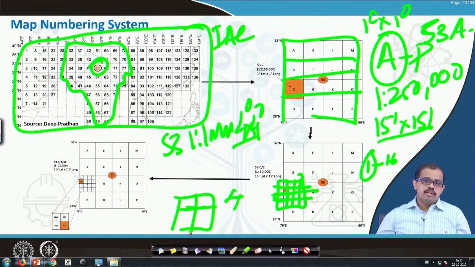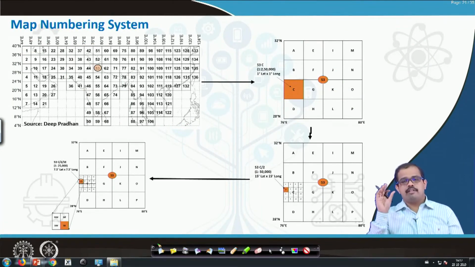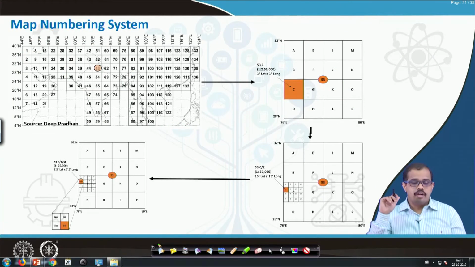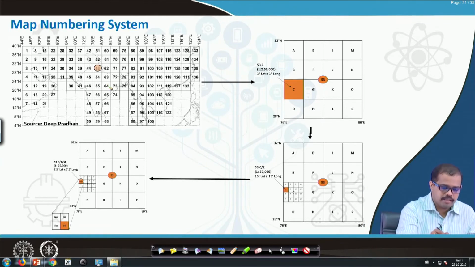So now let us say someone is working on a particular city. Let us take Hyderabad itself. Hyderabad is represented by let us say some map number here.